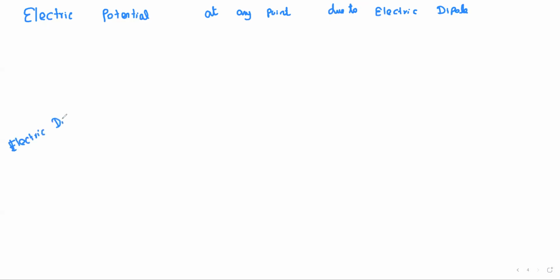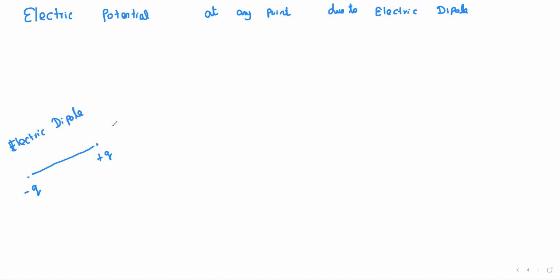If you have two charges, minus Q and plus Q, separated by some distance, if two equal and opposite charges are separated by some distance, then it is called an electric dipole.